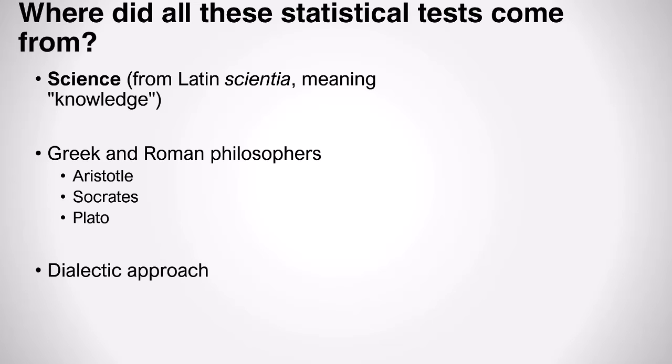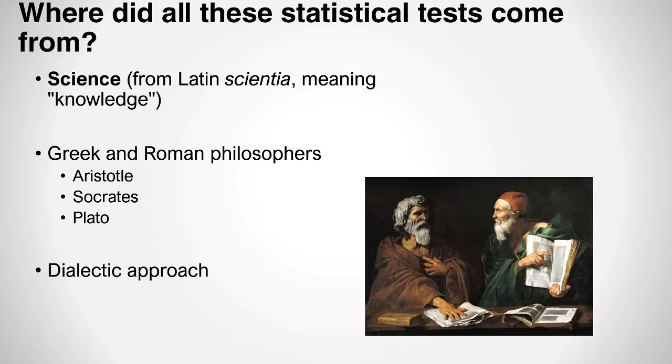philosophers like Aristotle, Socrates, Plato, and they indulged in what's called a dialectic approach to philosophy, which is basically, you could say, having a chat. A dialectic approach, a discussion between two people.